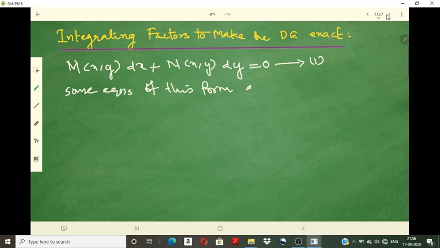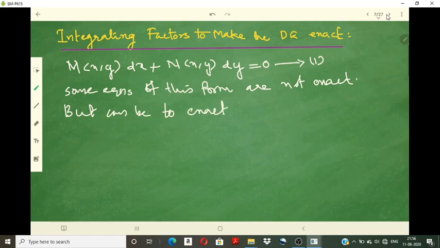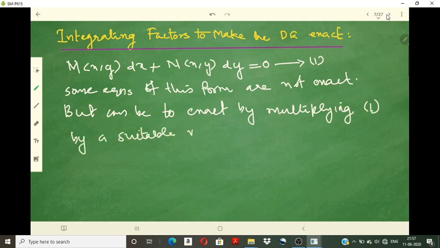Equations of this form are not exact, but we can make them exact by multiplying equation 1 by a suitable non-zero function mu of x, y.